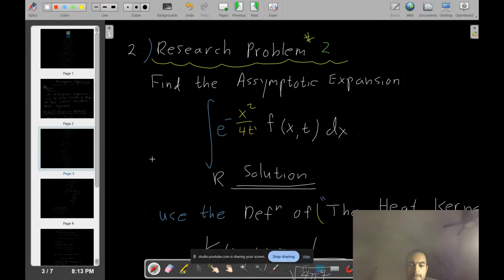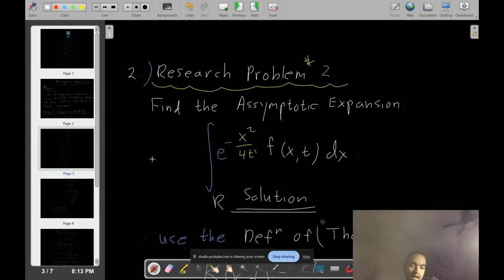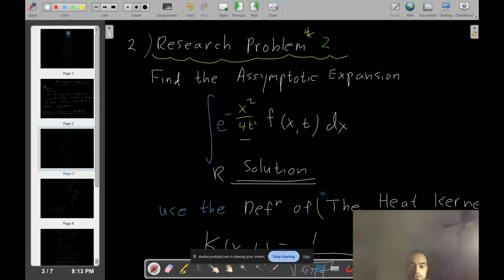Now, this integral here, you can see that it's some sort of a Gaussian integral, right? Integral of e to the negative x squared. For those of you who have taken or are about to take multivariable calculus, you know what I mean by a Gaussian integral. There's a product here that looks interesting. Hint, hint.